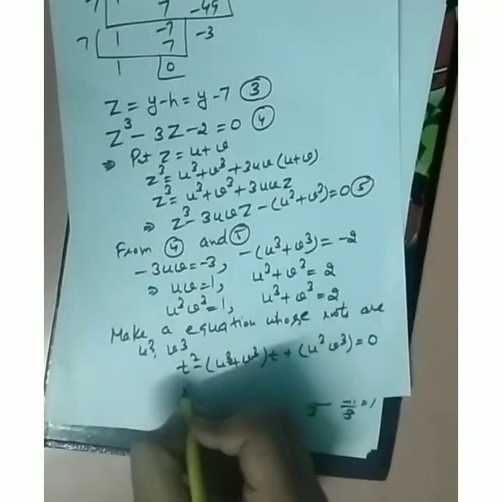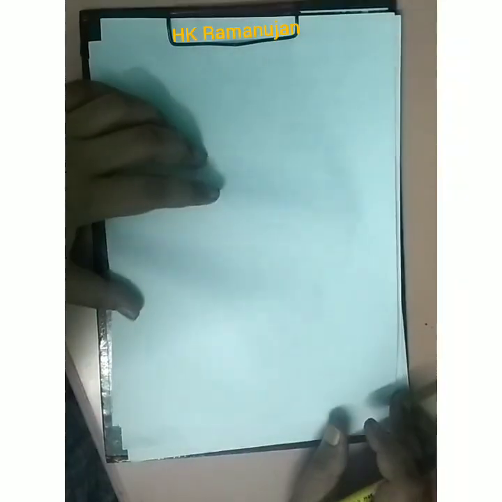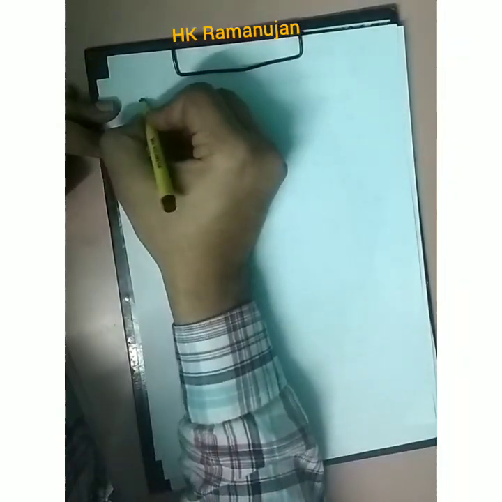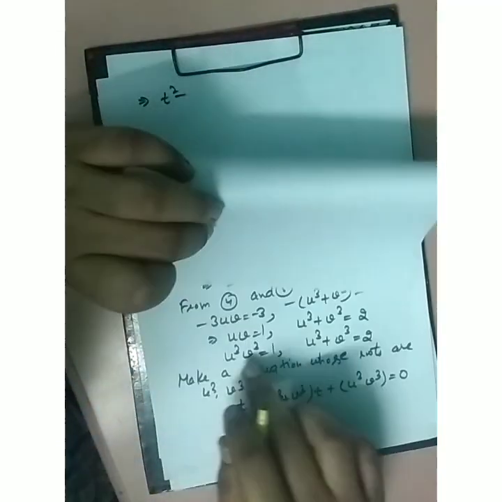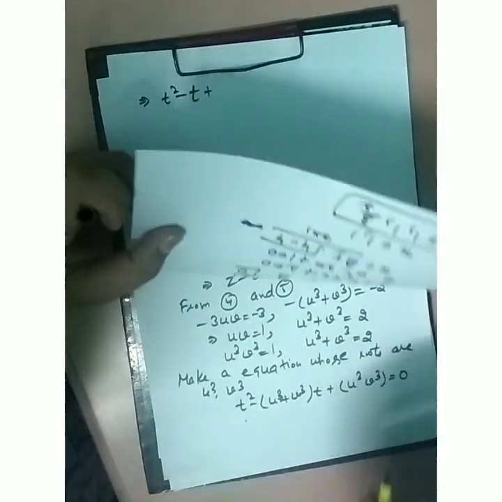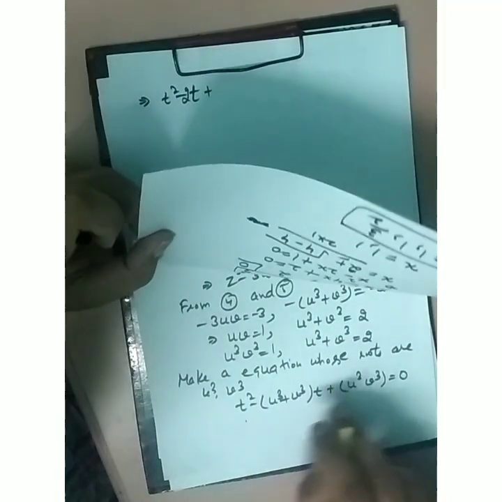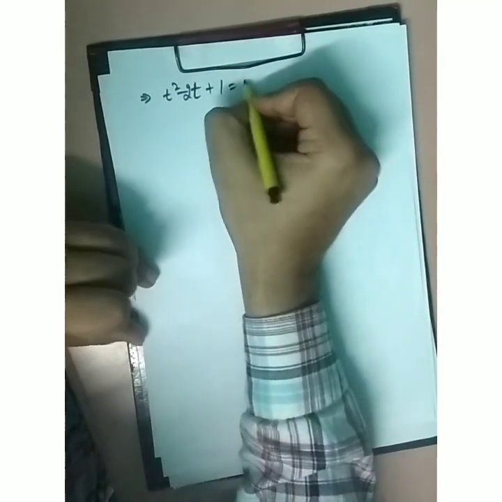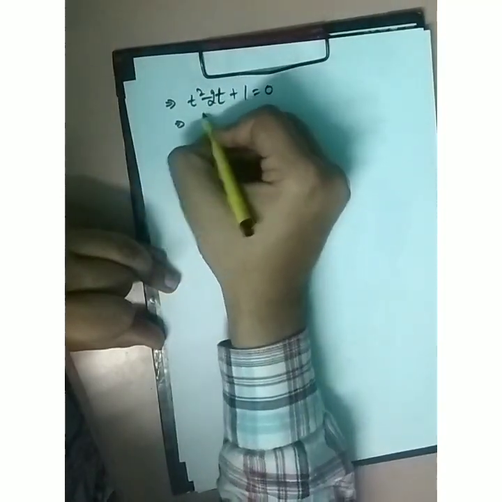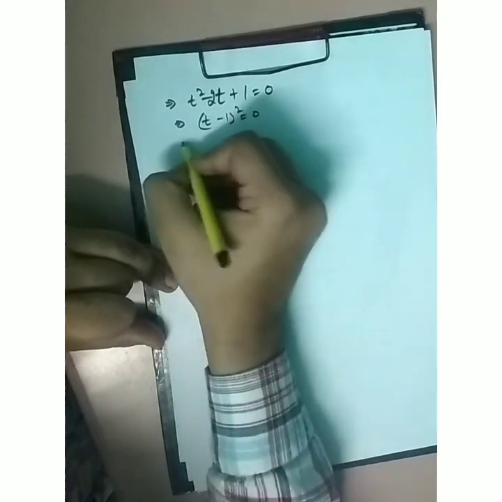That is t square minus, what is the value of u cube plus v cube? That is 2, and u cube v cube is equal to 1, that is equal to 0. So this implies t minus 1 whole square is equal to 0.